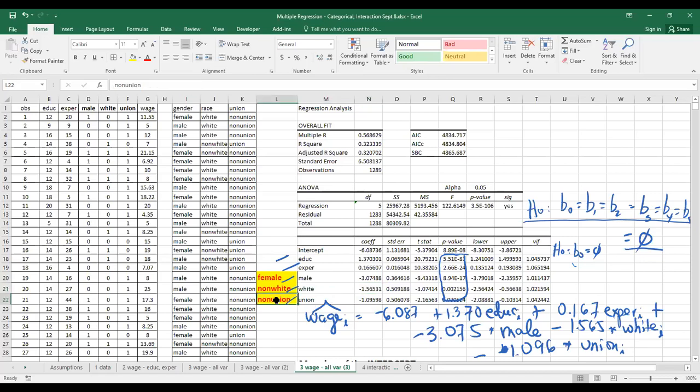And then non-union members tend to receive on the average $1.09 less than their union counterparts, in terms of hourly wage, ceteris paribus. Okay? That's now the interpretation, no? Any questions, guys?